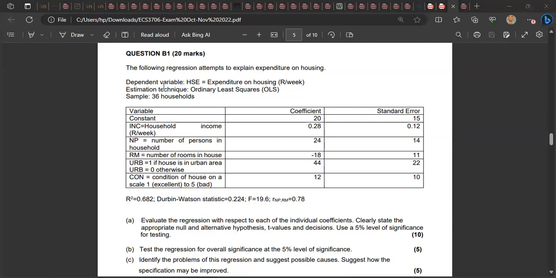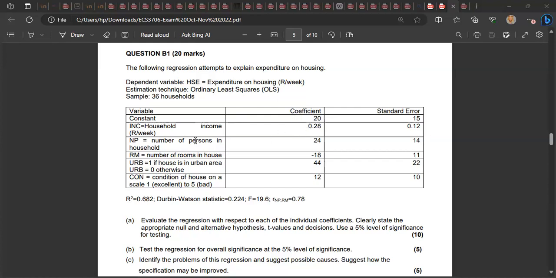The dependent variable, which is expenditure on housing, which is given here as HSE, which is the expenditure on housing. All right, and then our sample is 36 households.